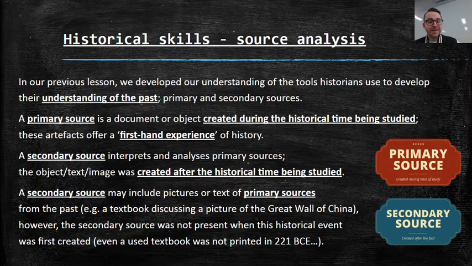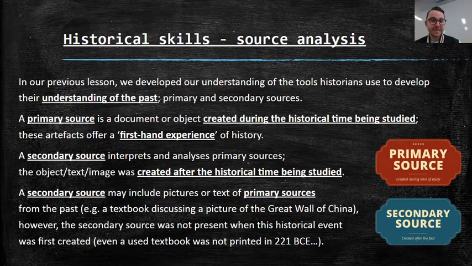A secondary source interprets and analyzes primary sources. So the object or the text or the image of that secondary source was created after the historical time being studied. So primary was created during, secondary created after the fact. A secondary source may include pictures or text of primary sources from the past, just to be confusing.